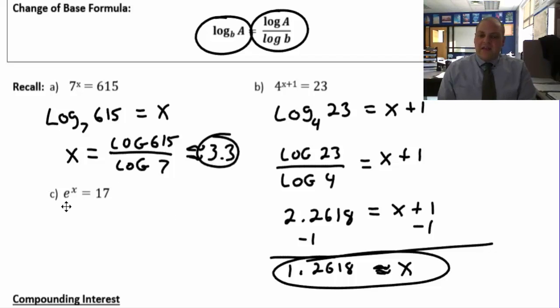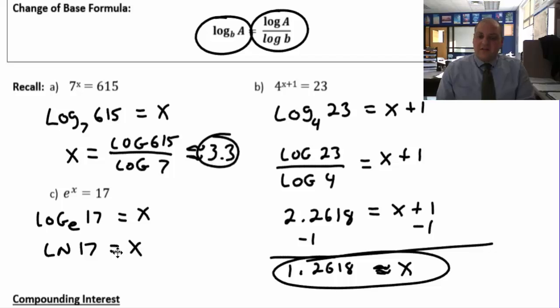So x equals 1.2618 approximately. And then here I have a log base e of 17 equals x. And we learned yesterday that log base e is the natural logarithm, ln. So ln of 17 equals x.